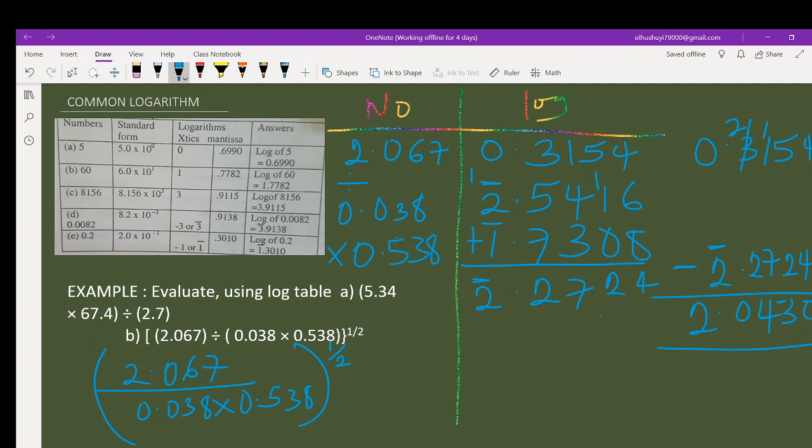Whenever you have a power, square root means raised to the power half, third root means raised to the power 1 over 3. So you now multiply by 1 over 2, multiply by the power that you have.